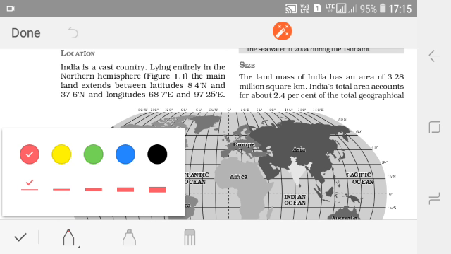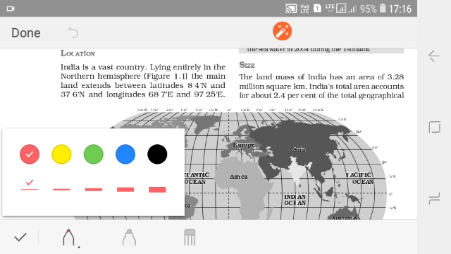Longitude means lengthwise and latitude means lateral wise. If you remember in class 6 or 7, you would have learned that longitude is an imaginary line that runs from the North Pole to the South Pole, and the latitude runs from the eastern side to the western side.